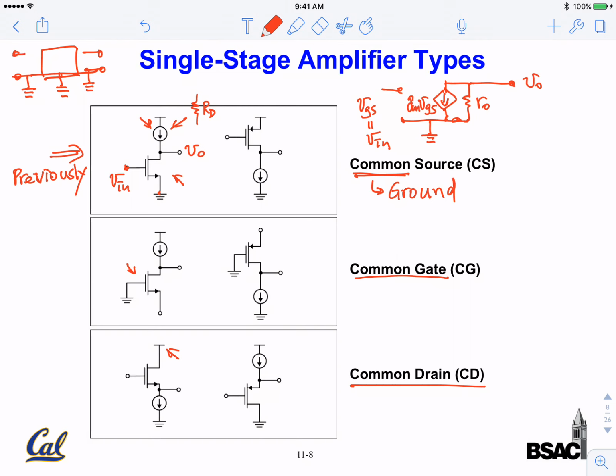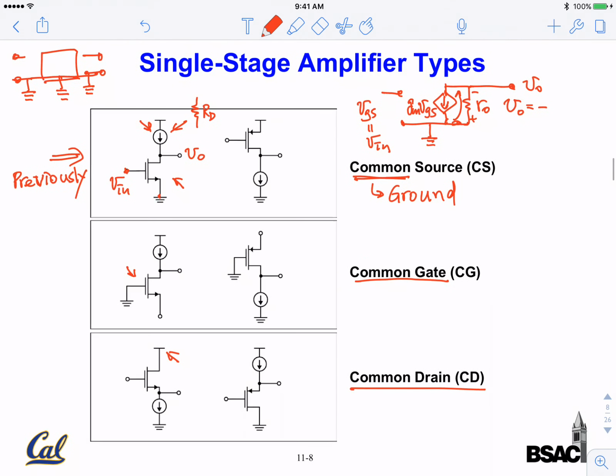And input equals VGS. So the output, VO, is basically equal to the current going up. It's plus minus, so it's equal to minus the current, which is GM VGS, which is V in, times RO.